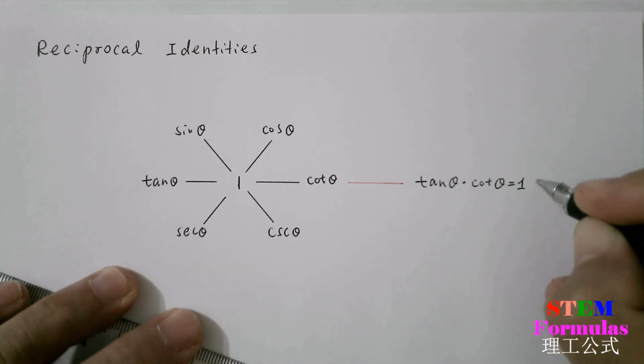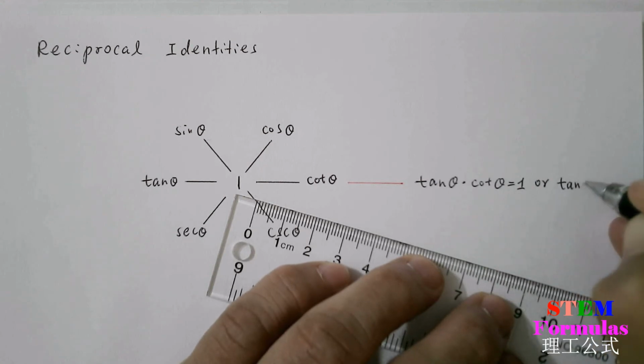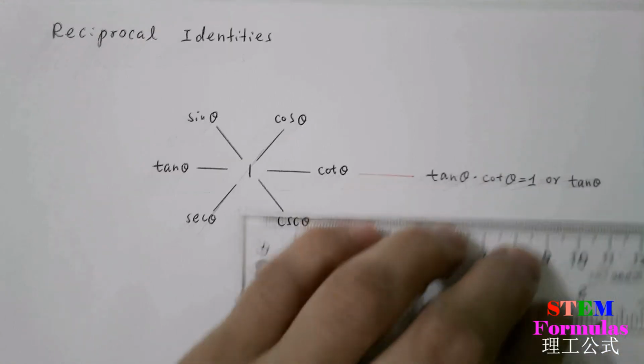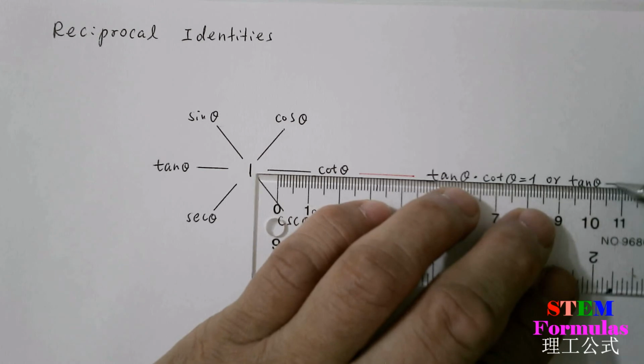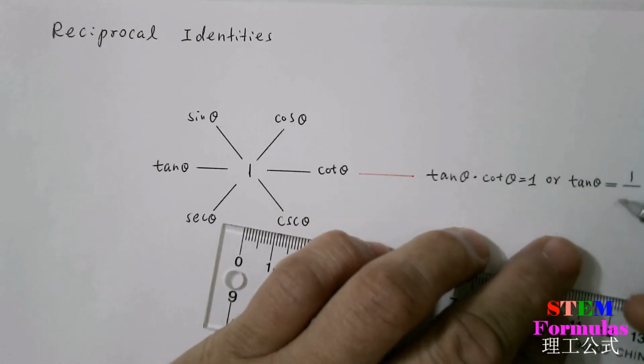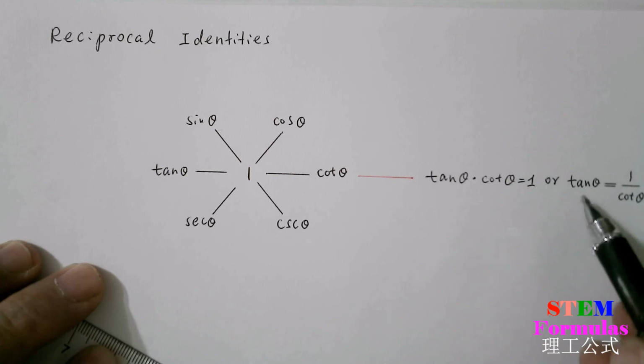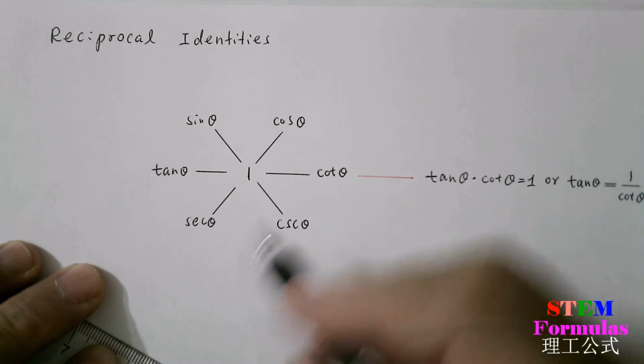Or we can write tangent theta equal 1 divided by cotangent theta.